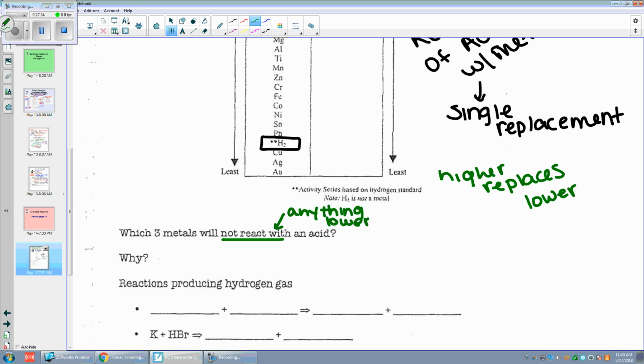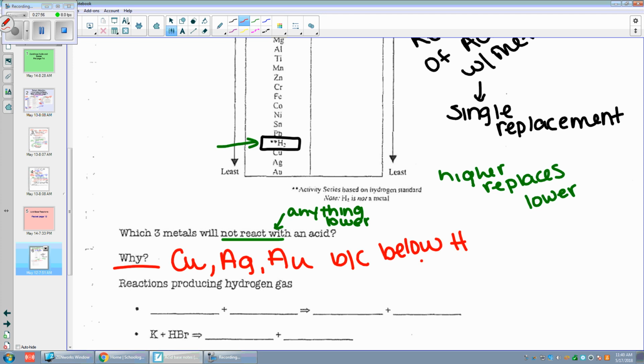But it's got to be lower than your H, because your H denotes your acid. So which 3 metals will not react? Well, it'll be Cu, Ag, and Au. They say why? We'll say because they are below H on table J.